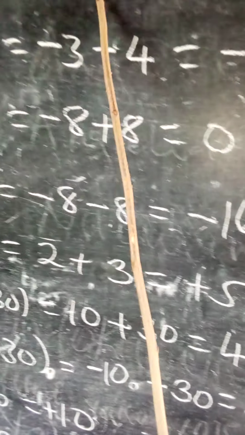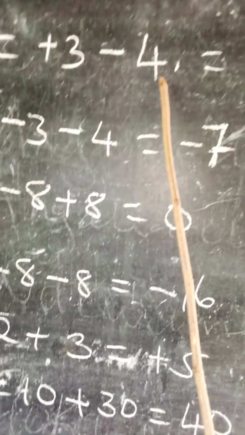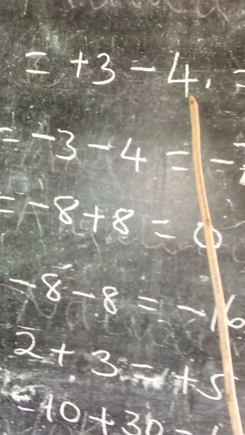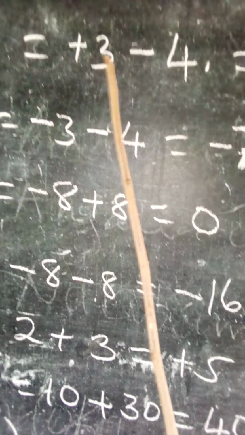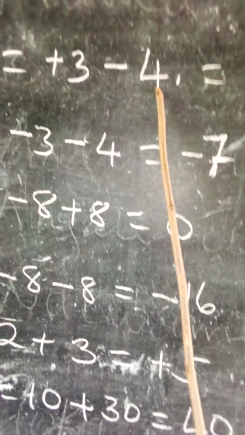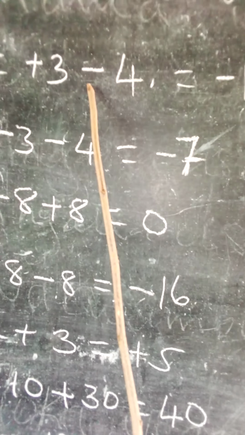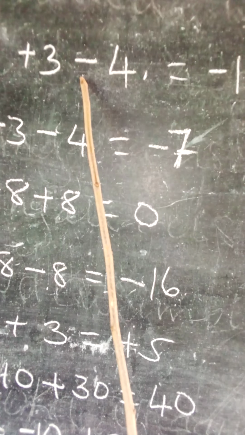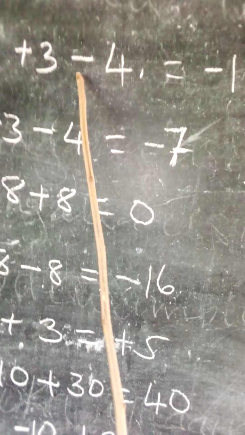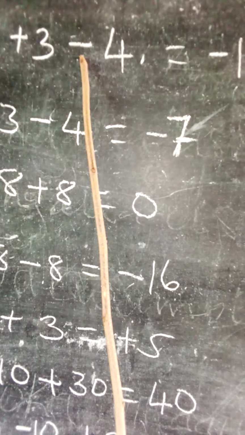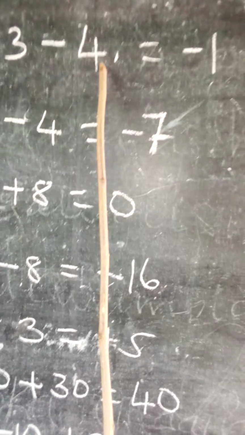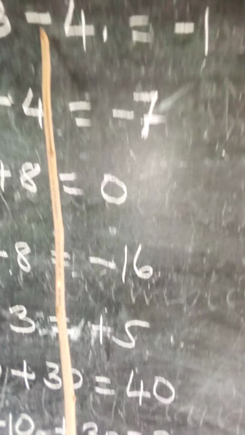Then here we have two numbers in which each one has a single sign. That 3 is positive and that 4 is negative. Now if you come to rule number 2, each number has a different sign. Here we have positive, here is negative. So we have different signs, that is positive and negative.